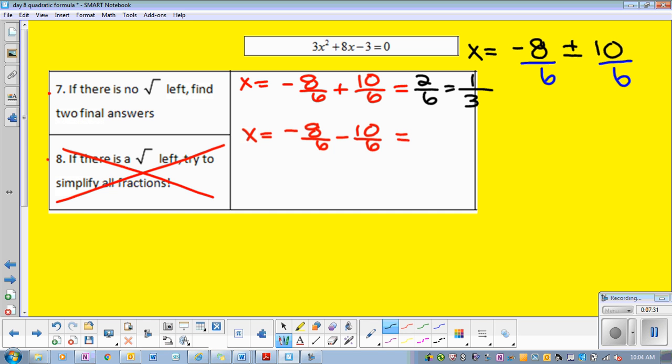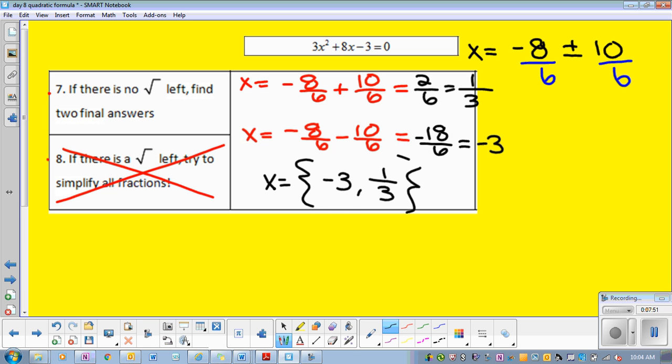But how about the other one? -8 over 6 minus 10 over 6. Yeah, -18/6, which is -3. So x equals, and in your solution set, you're going to put -3, 1/3. Okay? And those are your two final answers.